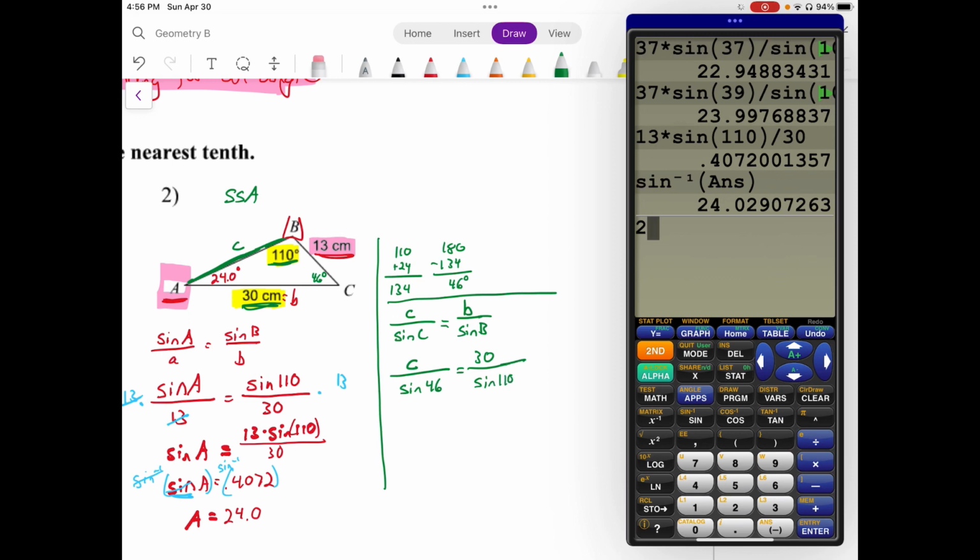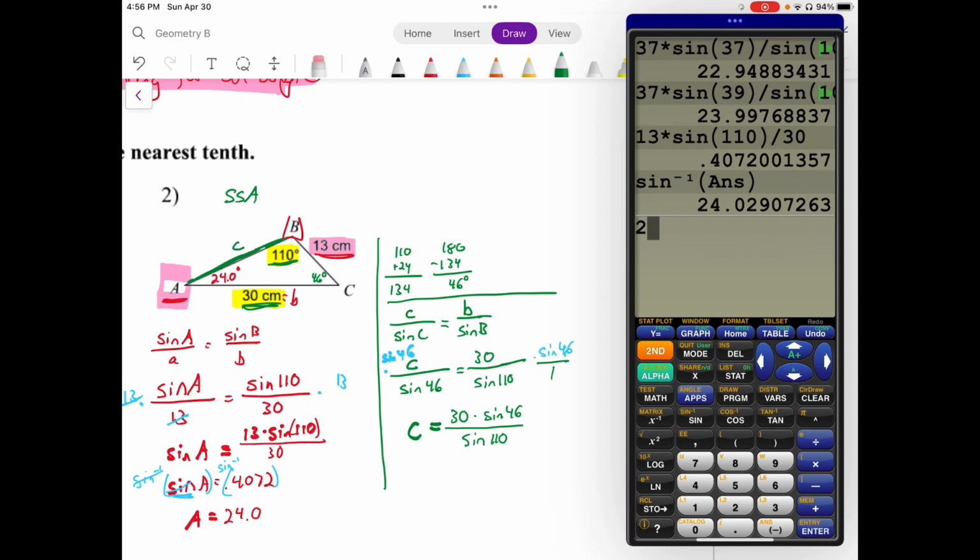I'm going to go ahead and multiply both sides by the sine of 46. And so what we have here is C. You can put this over 1 equals 30 times the sine of 46 all over the sine of 110.